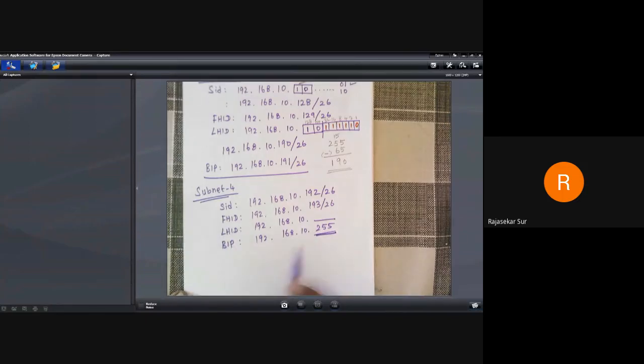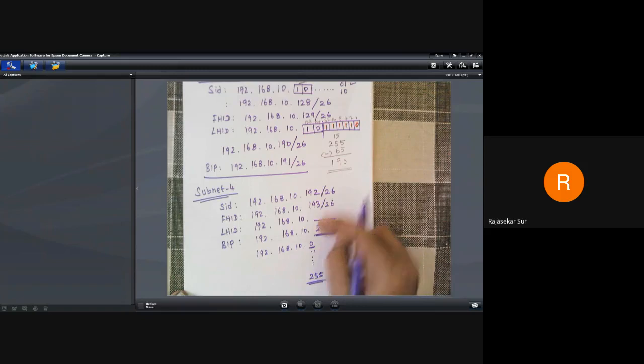In a class C IP address, 192.168.10.0 is the first and 255 is going to be the last. Then minus 1: if I reduce 1 from this, that is going to be the last host IP address. So 254. This is the answer, directly I'm writing.